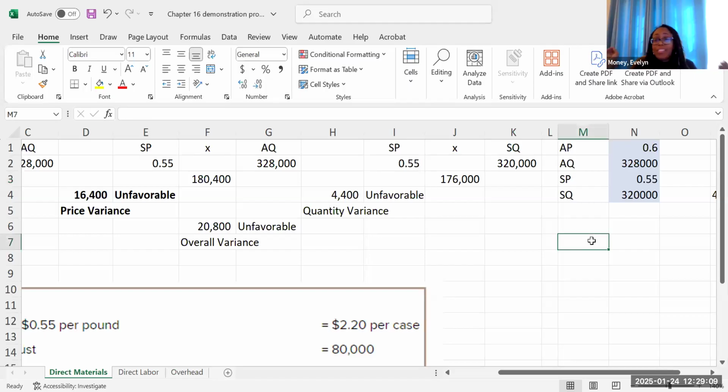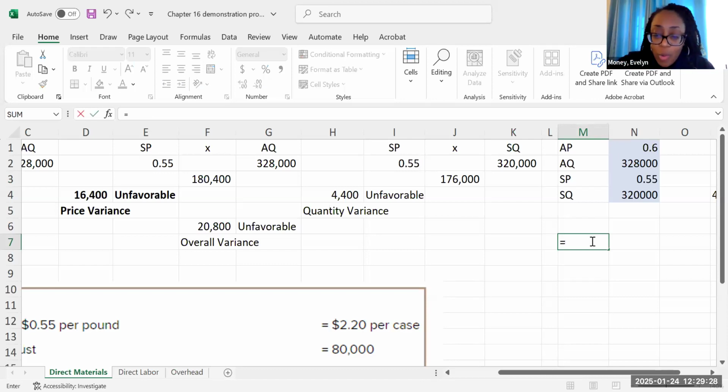Now, another common sense check. Let's see if this makes sense, because I can rationalize this. I can make this completely logical. So if I said I wanted to pay 55 cents per pound and I ended up actually paying 60 cents, that's bad. I spent more. That's unfavorable.